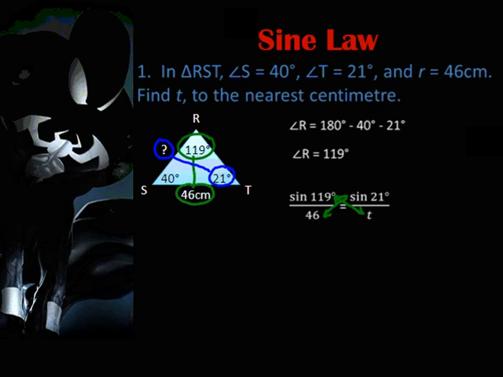So t is going to multiply the sine 119, and then your 46 is going to multiply the sine 21. Since t is multiplying sine 119, we want to get rid of it. We want to bring that sine 119 over to the other side, and we're going to divide sine 119 over sine 119, and these are going to go away.